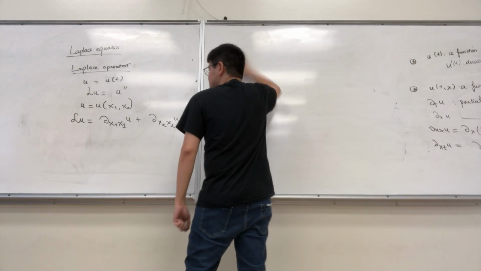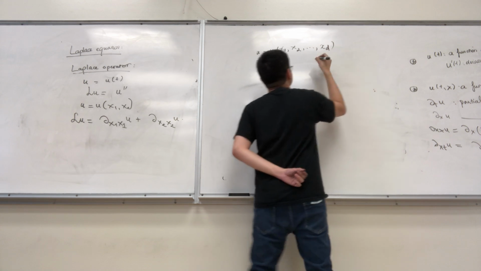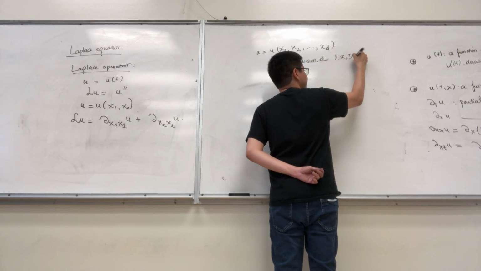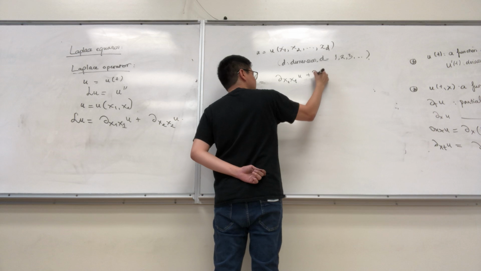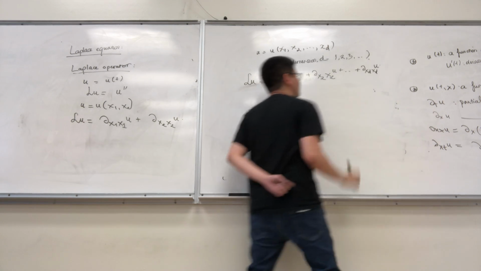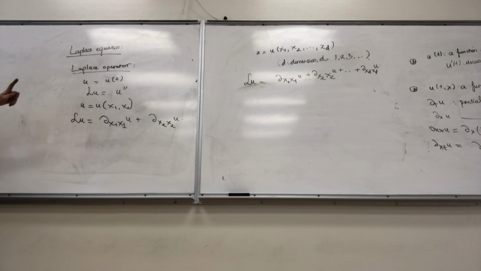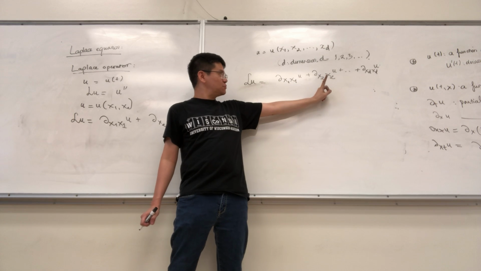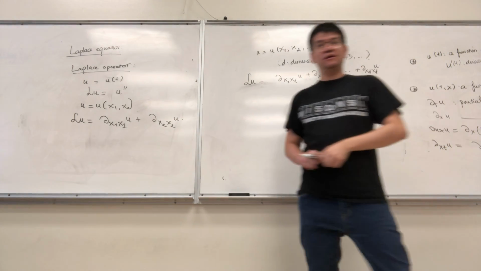And so suppose that u is a function of x1, x2, up to xd. So here d is the dimension. d can be 1, 2, 3, etc. So the Laplace operator of a function of d variables will be the second derivative with respect to x1 of u plus the second derivative with respect to x2 of u plus the second derivative with respect to xd of u, right?